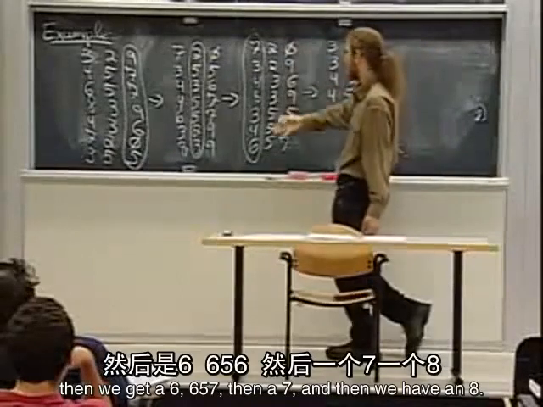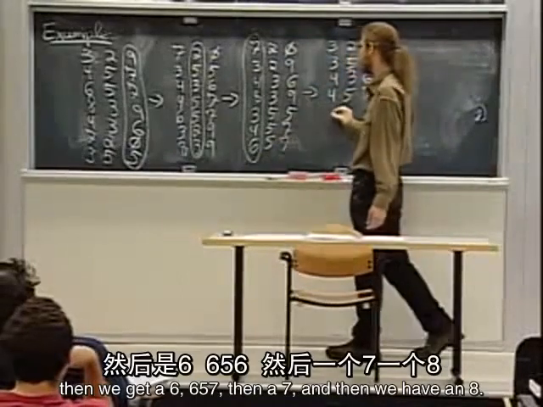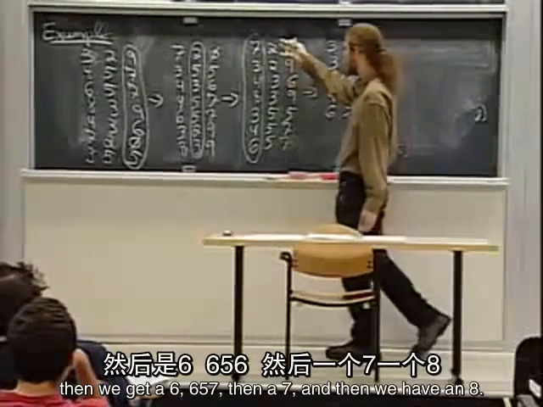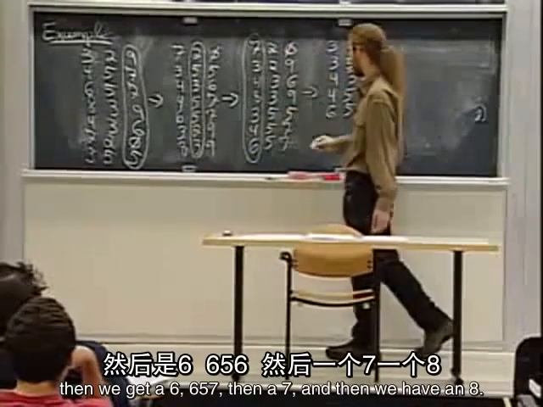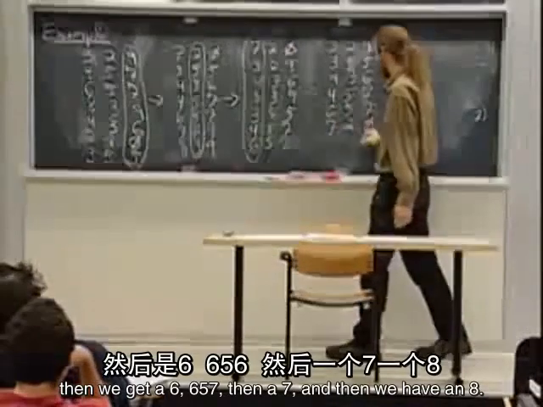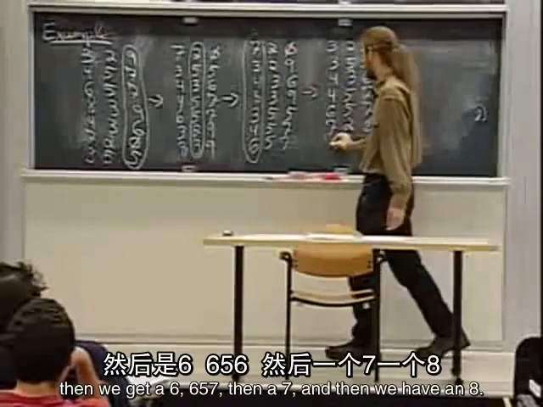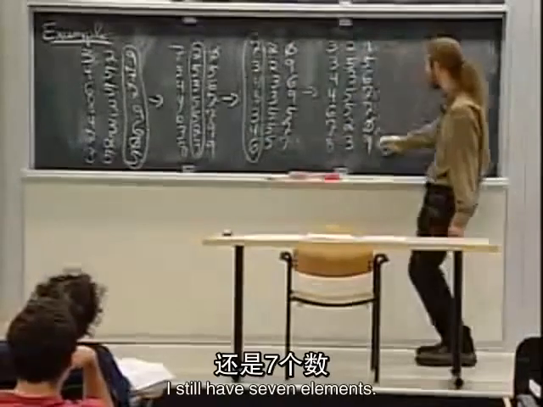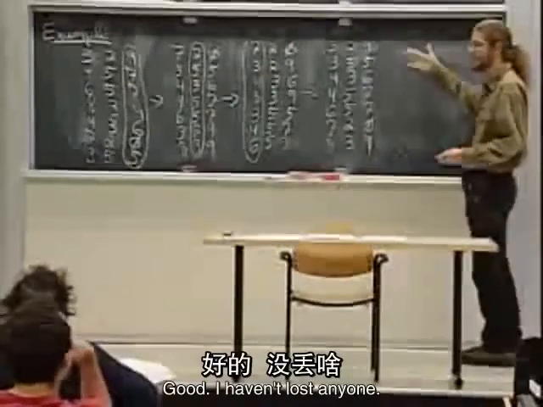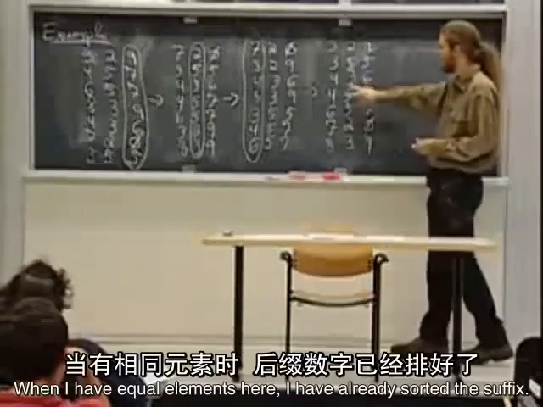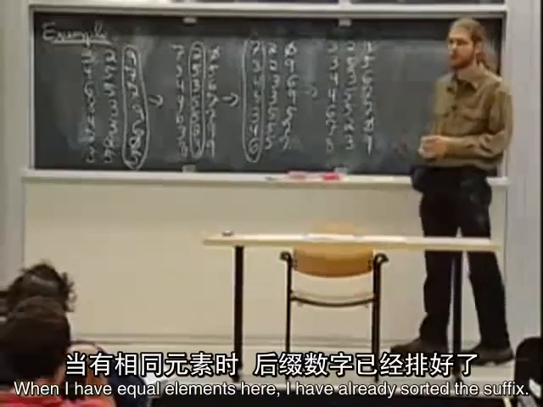Then we get, looks like a 6. 657. Then a 7. Whew, that was close. And then we have an 8. And check, I still have 7 elements. Good, so I haven't lost anyone, and indeed, they are now in sorted order. And you can start to see why this is working. When I have equal elements here, I've already sorted the suffix.